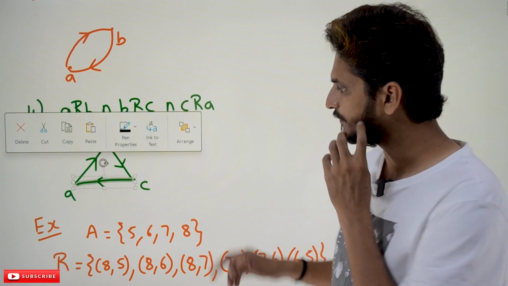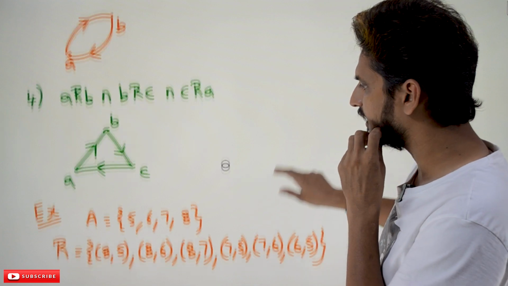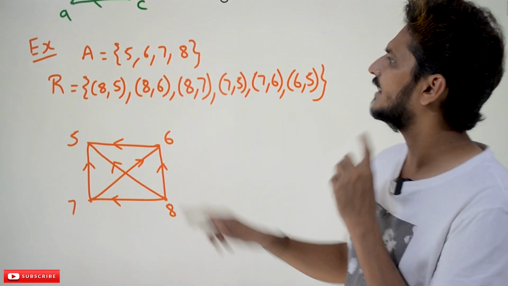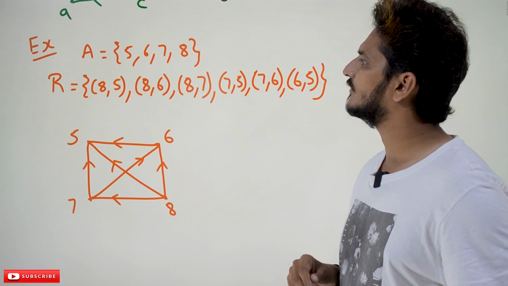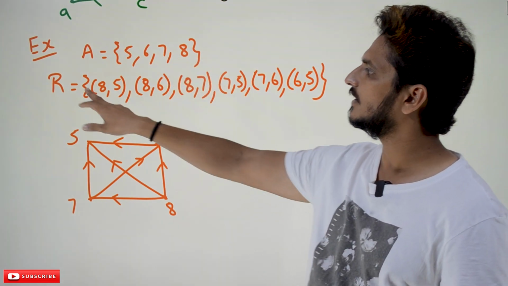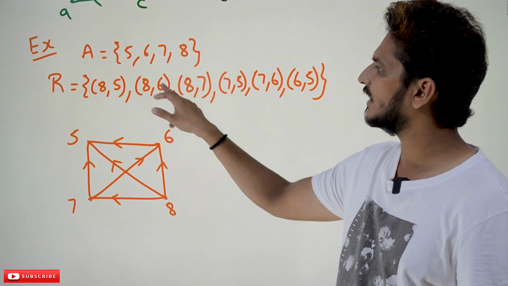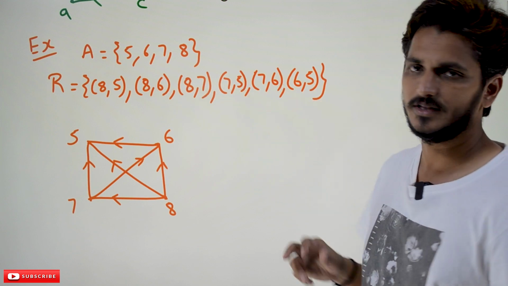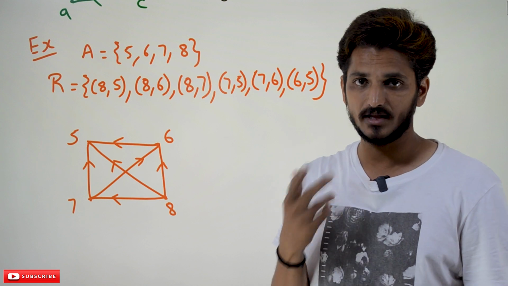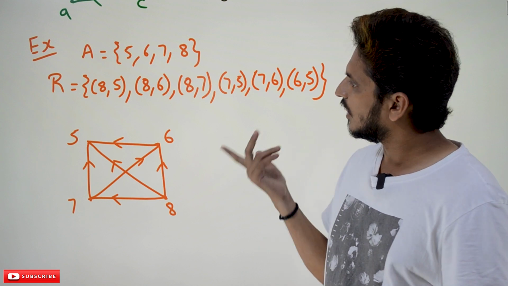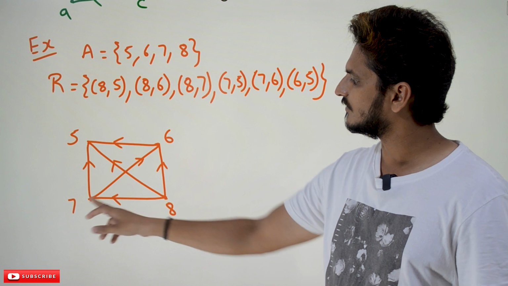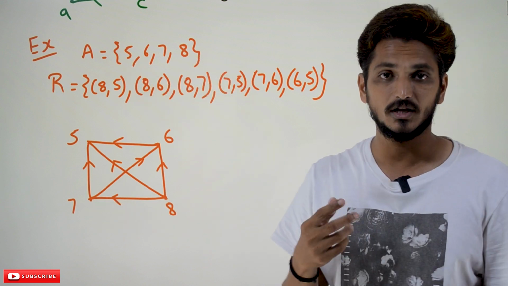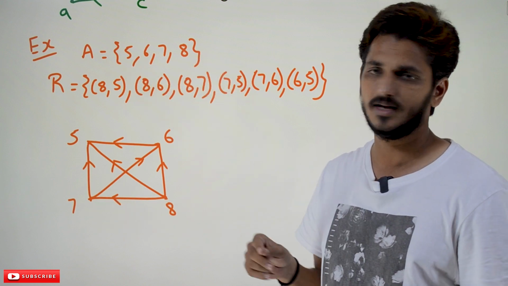We take one complete example to understand the graph. Define A = {5, 6, 7, 8}, the set. On this set we have a relation R = {(8, 5), (8, 6), (8, 7), (7, 5), (7, 6), (6, 5)}. These are the ordered pairs in the relation. So how are we going to show that? Whatever values we have, we take 4 points: 5, 6, 7, 8.